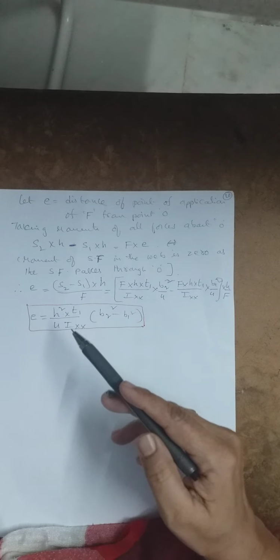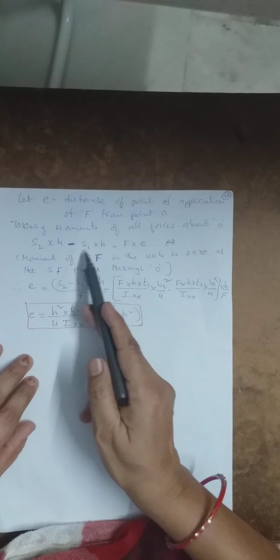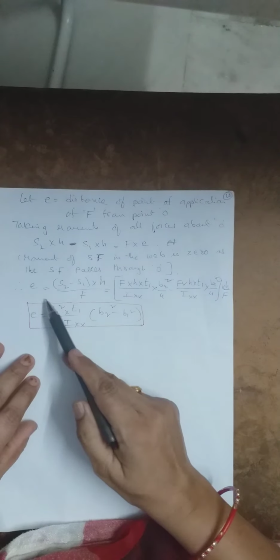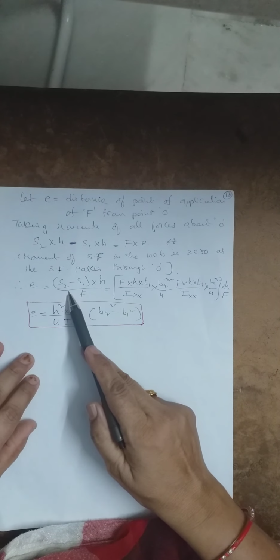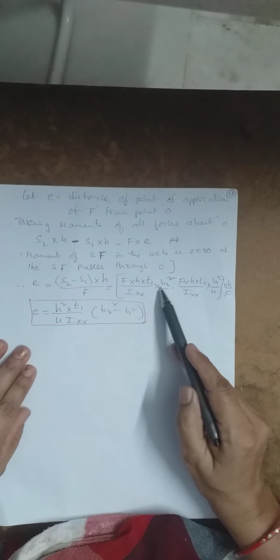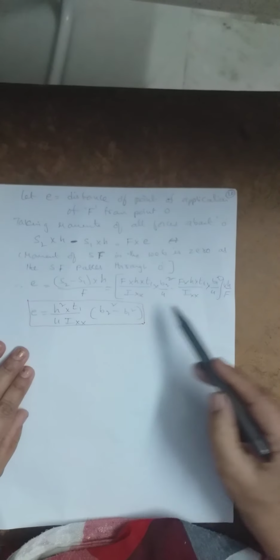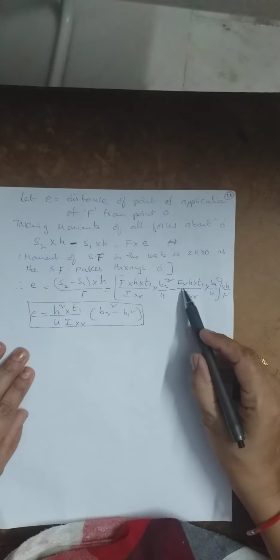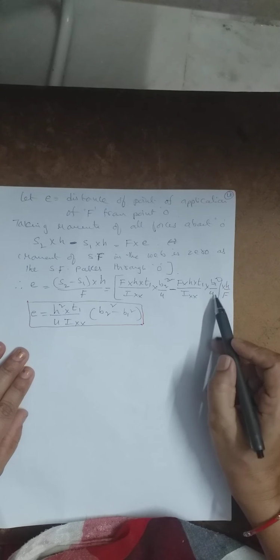Because the moment of the shear force in the web is 0, as the shear force passes through O. So in this equation, e is equal to S2 minus S1 into H by F. S2 is F into H into t1 by Ixx into b2 square by 4, and S1 is F into H into t1 by Ixx into b1 square by 4.